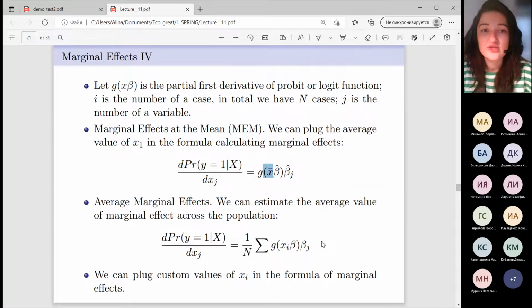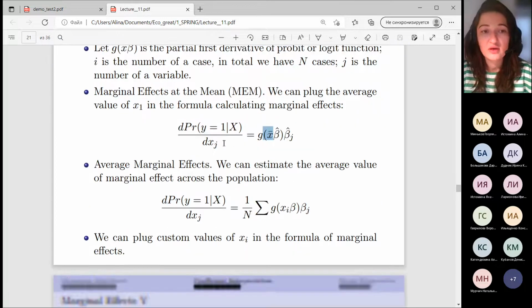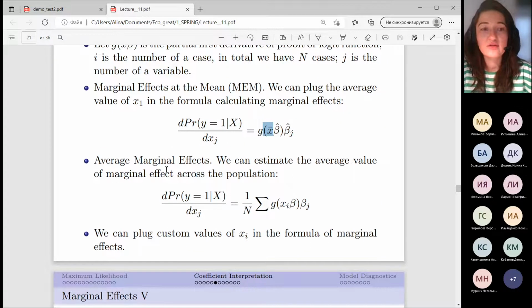The second option, instead of marginal effect at the mean value, is the average marginal effect. It means that you calculate the marginal effect for all observations in your sample, and then find only one average, or mean, value of all those marginal effects.